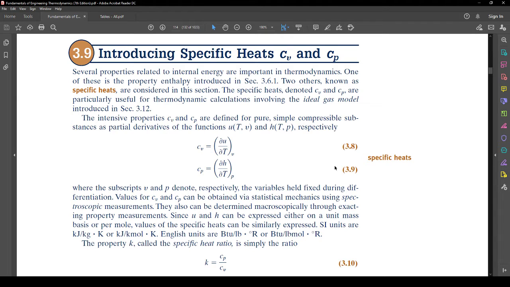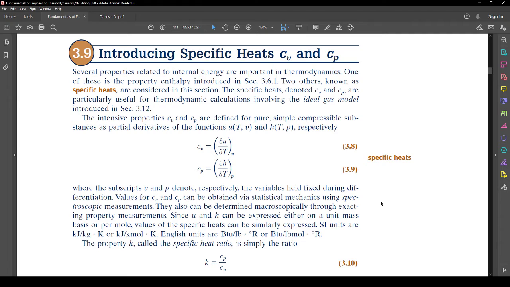Or the partial derivative. I'm saying d, but it's the partial derivative. And it says where the subscripts v and p denote, respectively, the variables held fixed during differentiation. Values for C sub V and C sub P can be obtained via statistical mechanics using spectroscopic measurements. We're not going to do that. They can also be determined macroscopically through exacting property measurements.